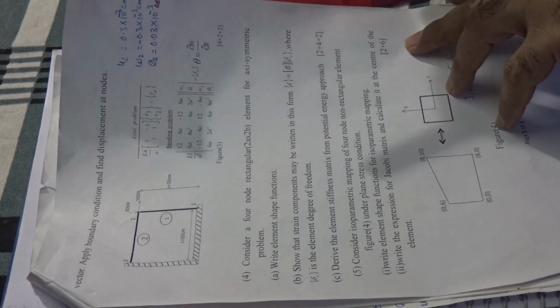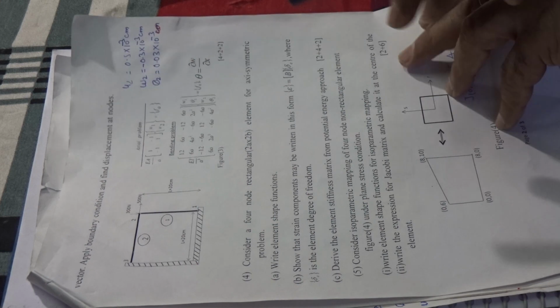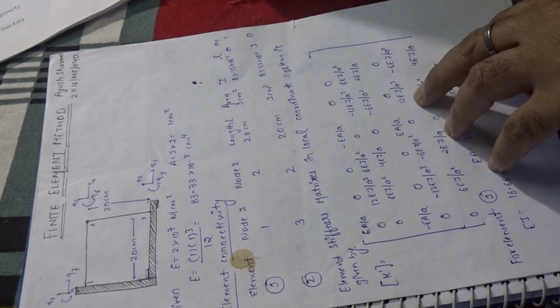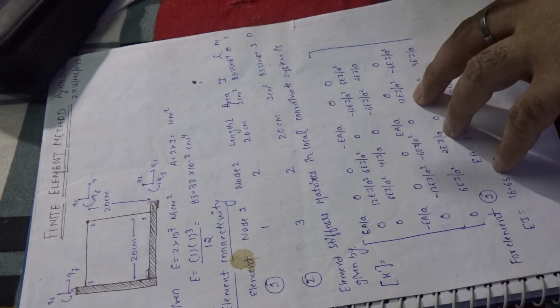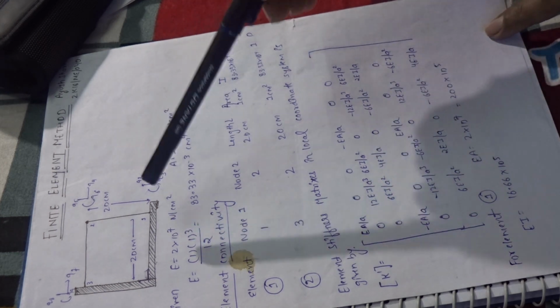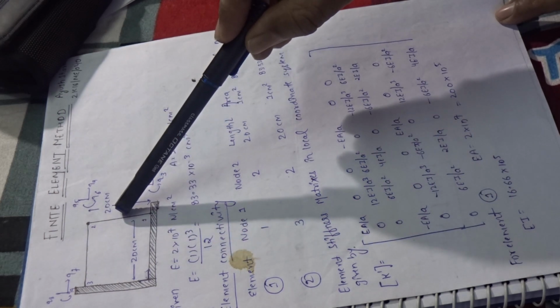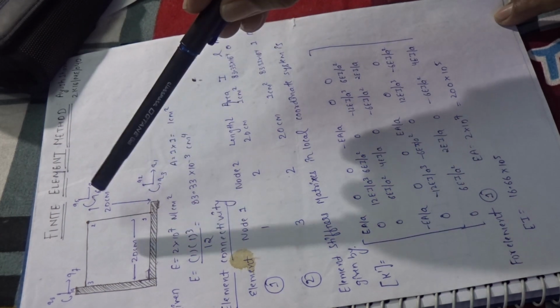So I will start. One student already submitted the solution, so I will explain this solution. This is the question given in the problem. This is element 1 and this is element 2, for nodes 1, 2, 3.